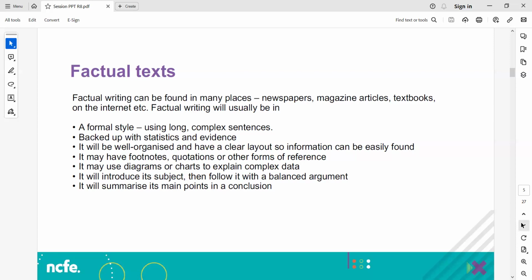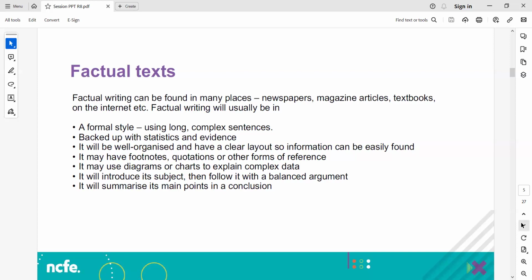So if it includes in the text references to numerical data, such as a survey or percentages, for example, percentage increases in temperature for a factual text on climate change, it may then use a diagram or graph chart to enable you to visualize that data.